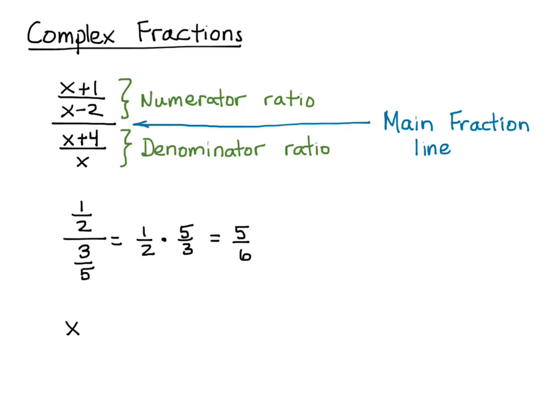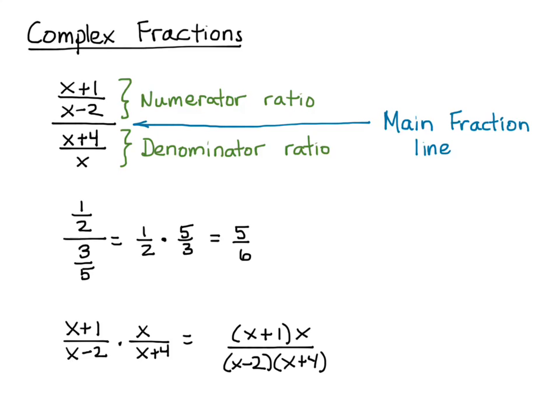So let's look at one that involves some polynomial expressions now. This one is the first one here. What I'm going to do is take this x plus 1 over x minus 2 as the first term, and then for that denominator fraction or ratio, I'm going to take the reciprocal of this, which is x over x plus 4, and I'm going to multiply them, and so I get my ratio.